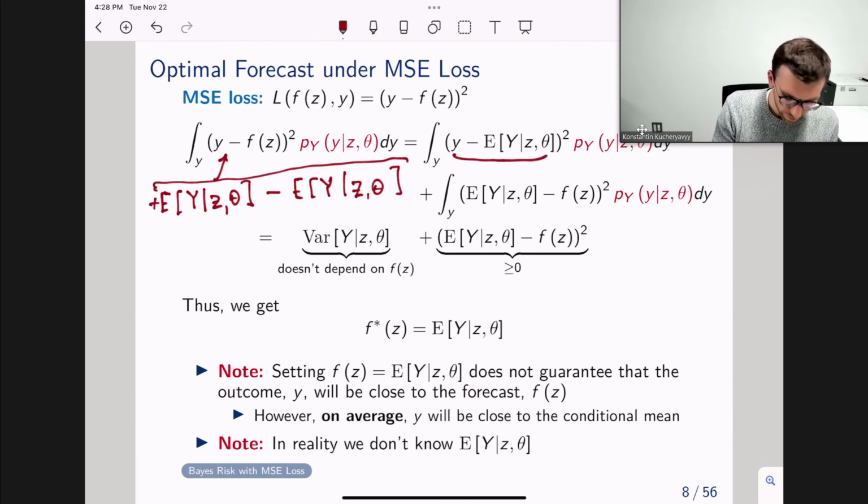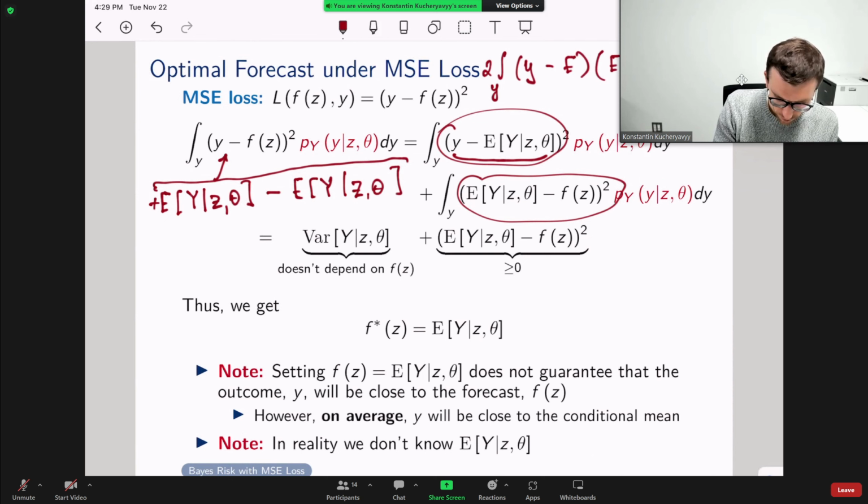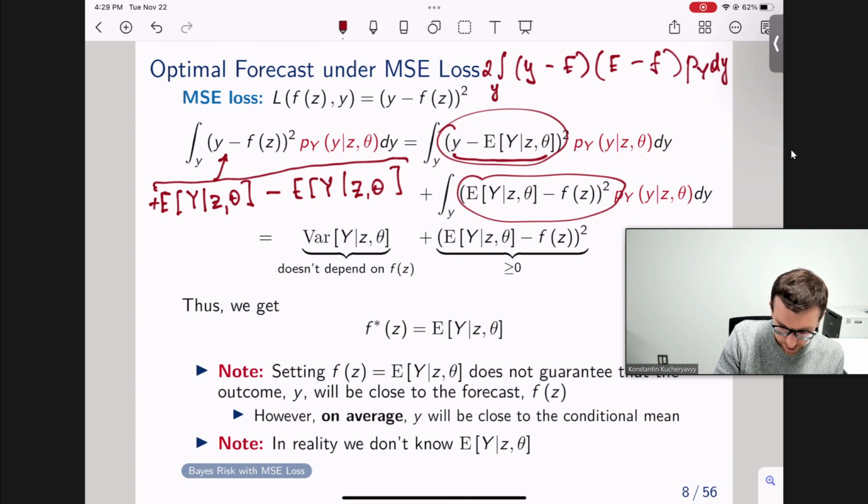And we have the quadratic term, this quadratic term, and then the interaction term, which will be the integral of y minus expected value of y, times expected value of y minus f, p(y) dy. And this object is going to be 0.